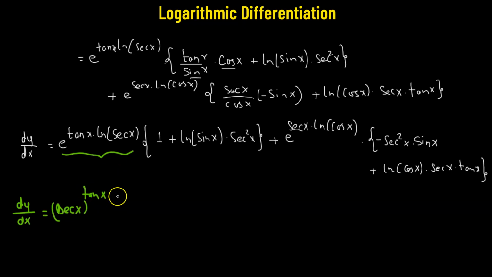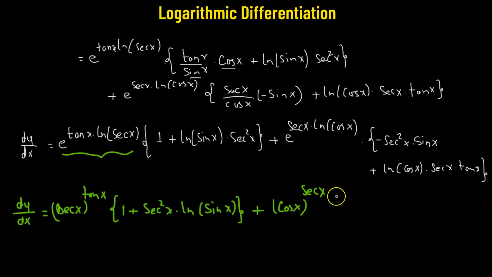So we are writing in the compressed form, so that will get multiplied to 1 plus secant squared x times natural log of sine x, plus e raised to the power of secant x log of cosine of x, so that's simply cosine of x whole raised to the power of secant of x, and this will get multiplied to, so let's write down the positive term first. So we have secant of x times tangent of x times log of cosine of x minus secant squared x times sine x. So this is the value of our required derivative.